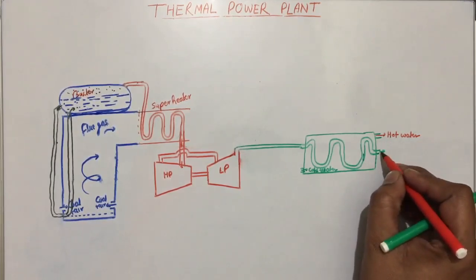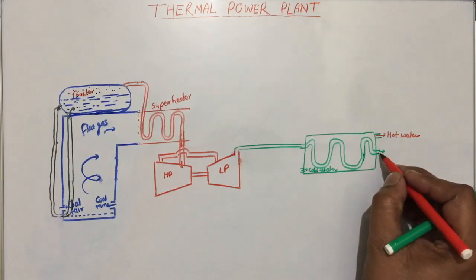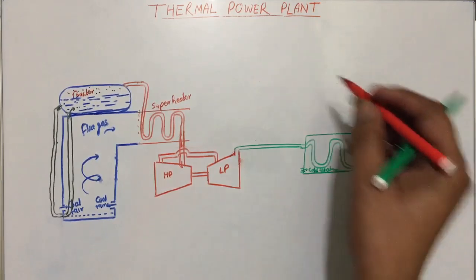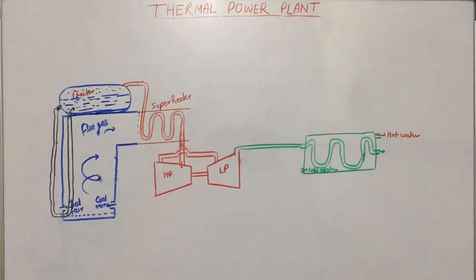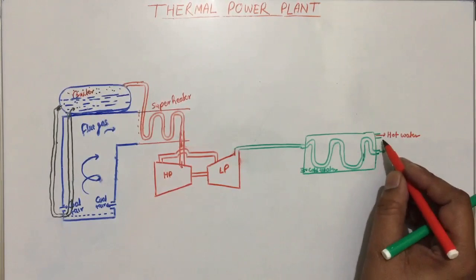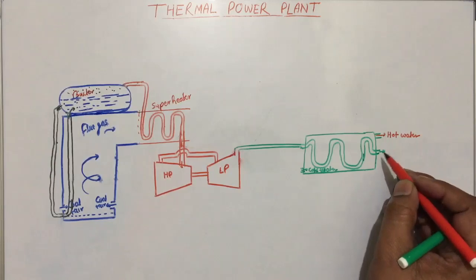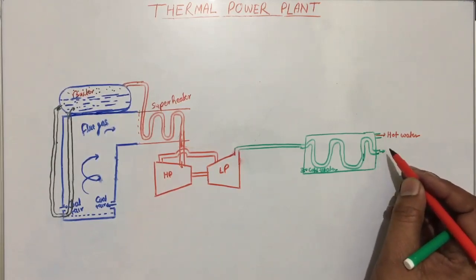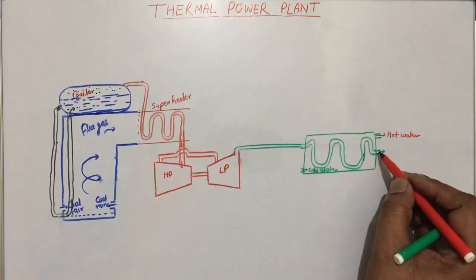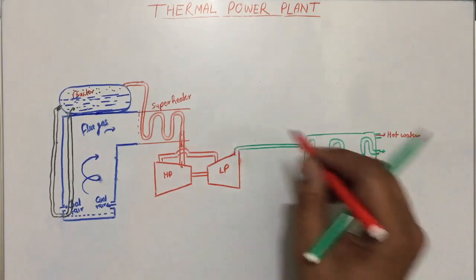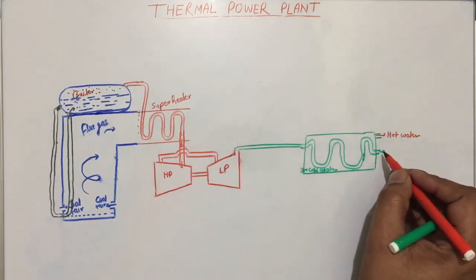And this condensed steam, now it is water, it can be fed back to the boiler, but that is not advisable yet, because the system will be very less efficient, as a huge amount of the heat is lost from here, and further some heat of this can be lost again. So what we can do, this can be fed back to the boiler through the economizer.